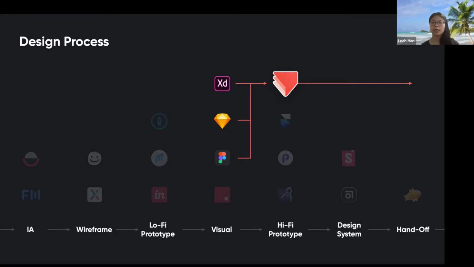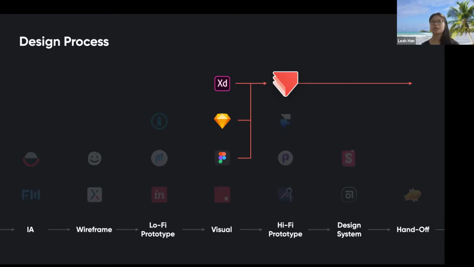So currently, ProtoPie only focuses on the interaction part. And after that, we have shareable components and libraries. Use those features so you can make your design system. And also you can share your spec.